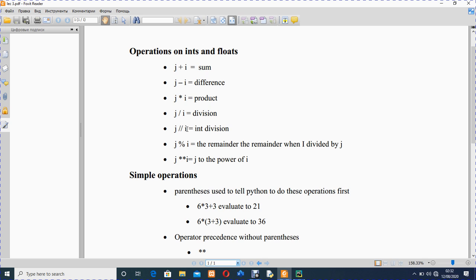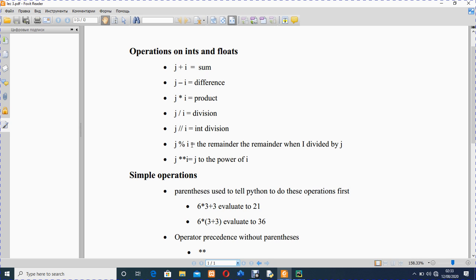When you see j double slash over i, your result will be int, whatever value you put, while for j over i, your result will be float. That's the difference, but when we come to the practical we'll see how the difference is.